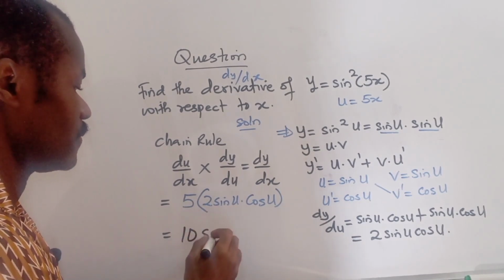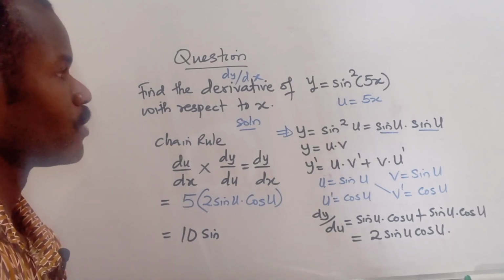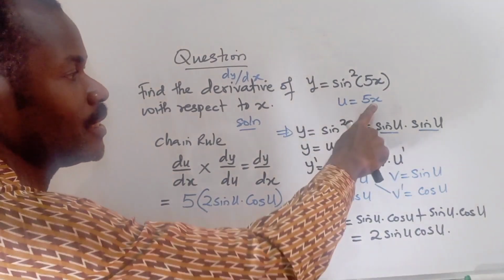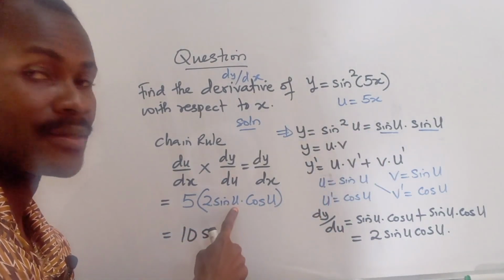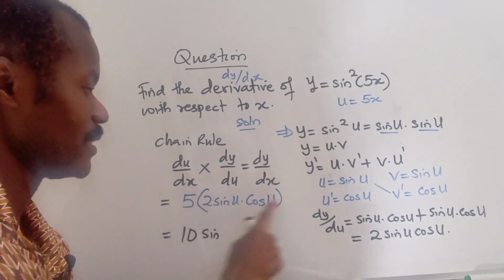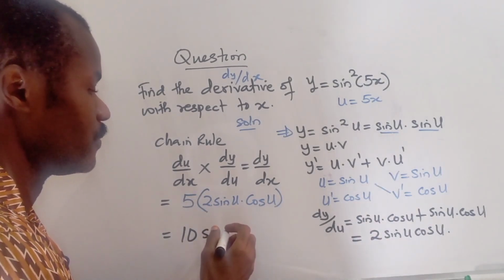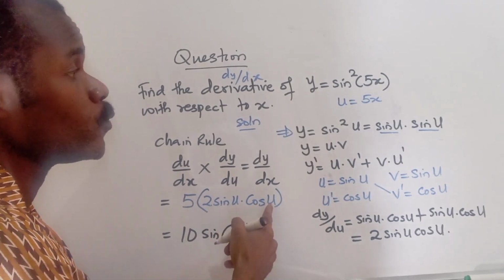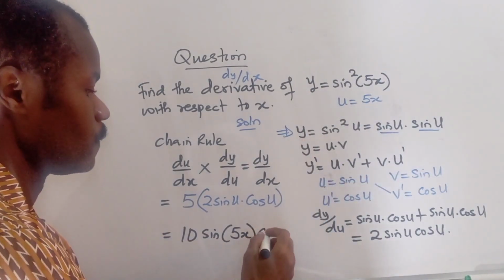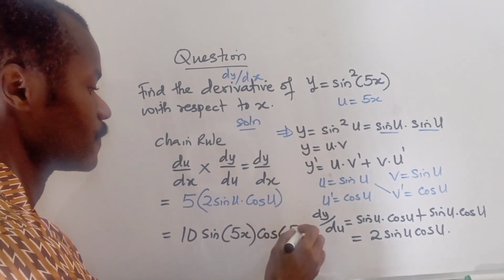Now sine, what is our u? Our u initially is 5x. So I want to input 5x back into this expression. So I have sine 5x, and cos u, we also want to use 5x.